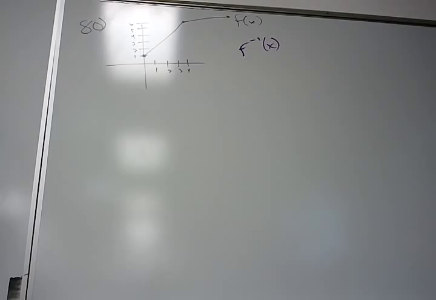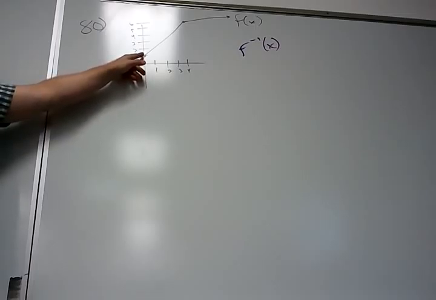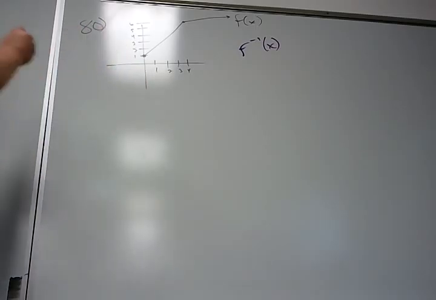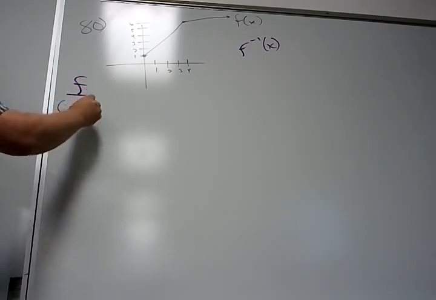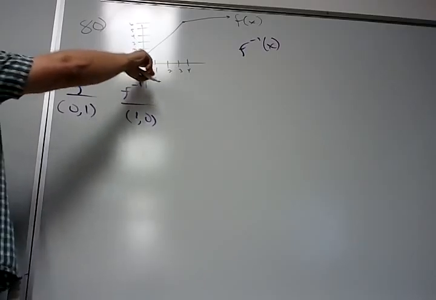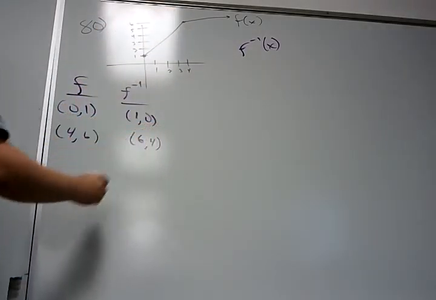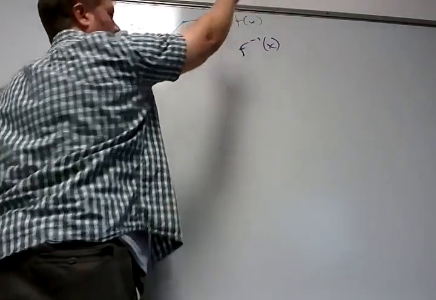You're just going to feel visually what would an opposite function look like, given some original function. So if the original function goes through 0, 1, we can start kind of collecting. If f goes through 0, 1, f inverse has to go through 1, 0. If the original function goes through 4, 6, f inverse goes through 6, 4. And then you can get some other point from over there.